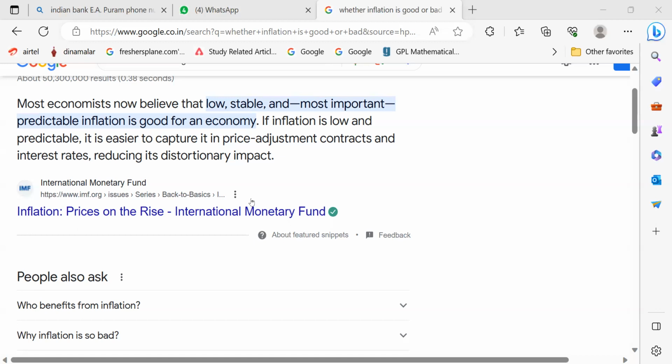How many times it has increased, you see? In the same way, the price of gold during 1969 was somewhere around 100 rupees per sovereign. Now it is sold at how much? Say 5540 for one gram.